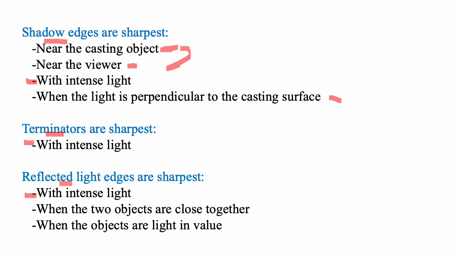Also, when the light is perpendicular to the casting surface, the shadow edges are the sharpest. Terminators are sharpest with intense light, and they are, by the way, always perpendicular. Terminators are always perpendicular to the light. For reflected light, they are sharpest when the two objects are close together and when they are light in value.